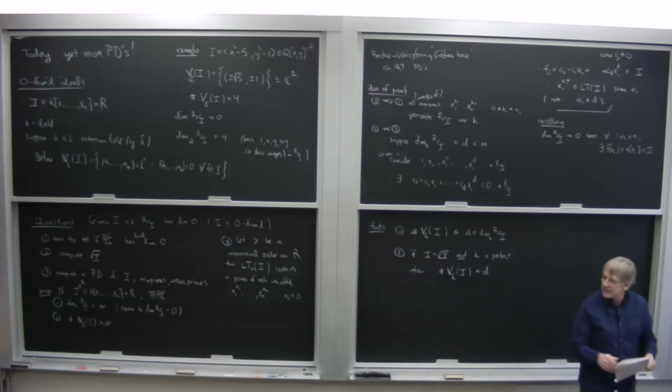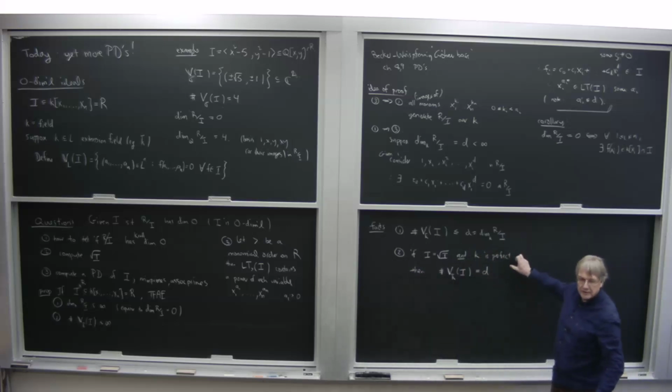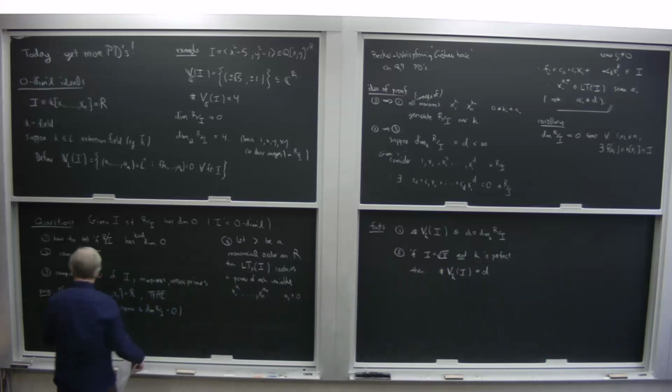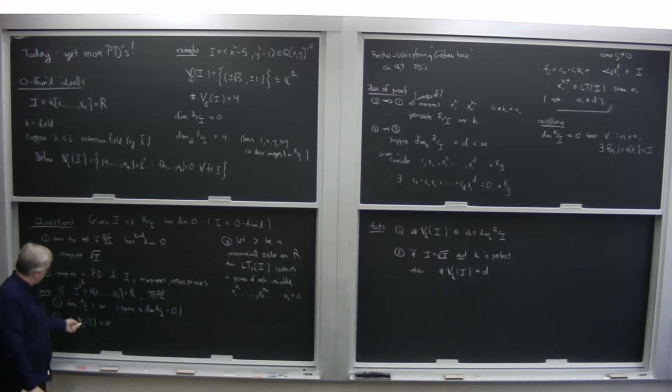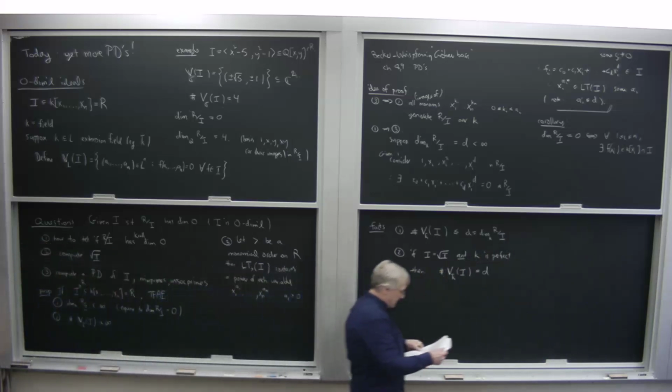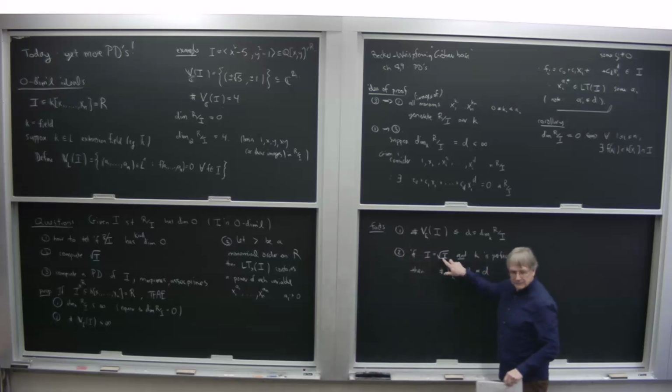This is the thing that is proved in Becker and Weispfenning. So that's a more precise equivalence, where that's equal to d if and only if that's equal to d. But it needs two things. It needs that it's radical. That makes sense, right?